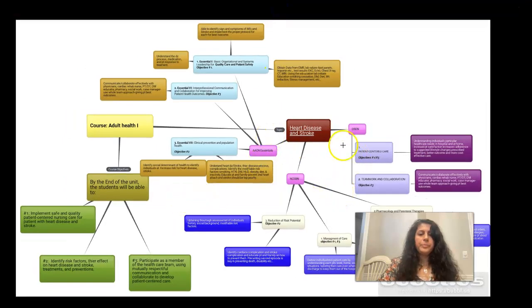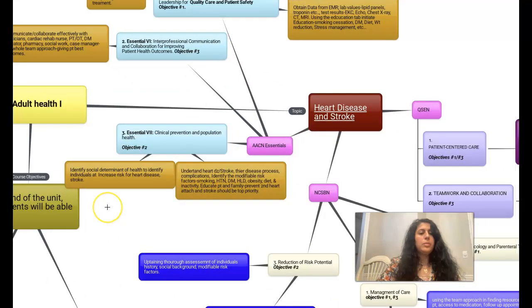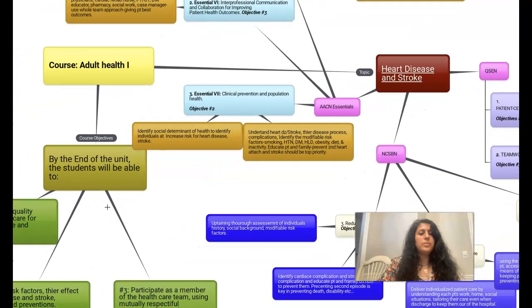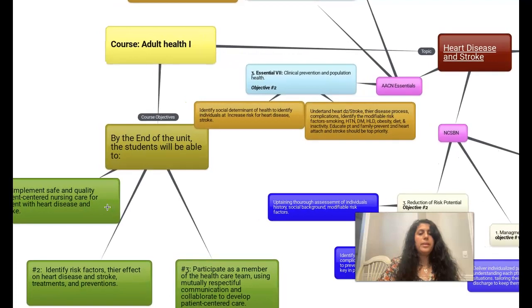Heart disease and stroke fit under the category course for Adult Health 1. The three course objectives that I picked for this topic are that by the end of the unit, the baccalaureate students will be able to, one, implement safe and quality patient-centered nursing care for patients with heart disease and stroke.